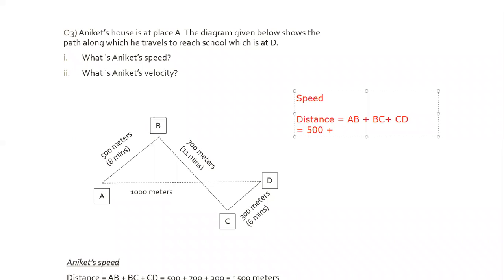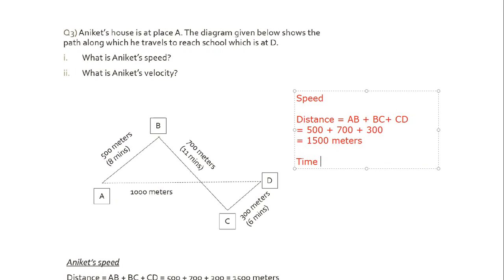BC is 700. Plus CD. CD is 300. So 500 plus 700 plus 300 is how much? 1500 meters. Also write the unit. Meters, kilometers, you have to write these too. So 1500 meters.